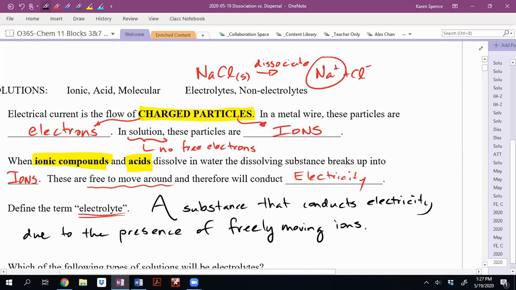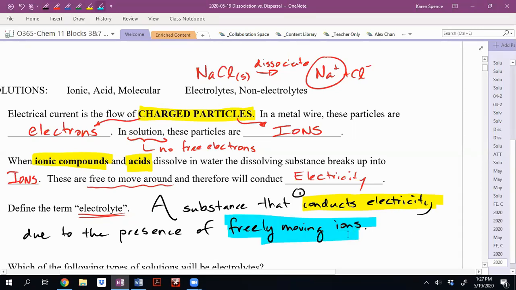So it is a substance that conducts electricity. That's one key point. And the reason that it conducts electricity is because it contains freely moving ions.